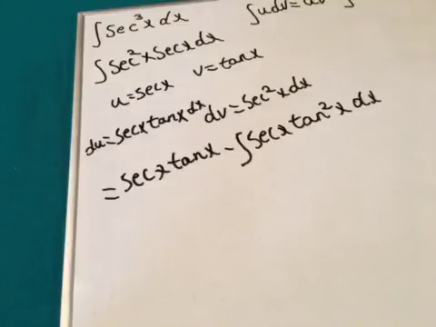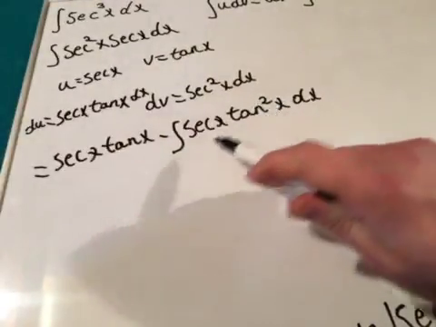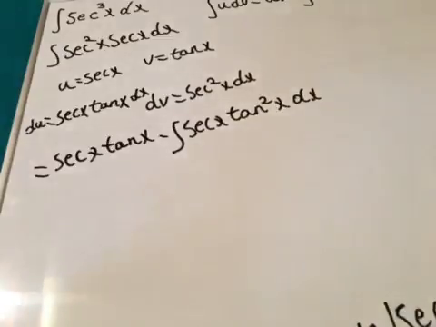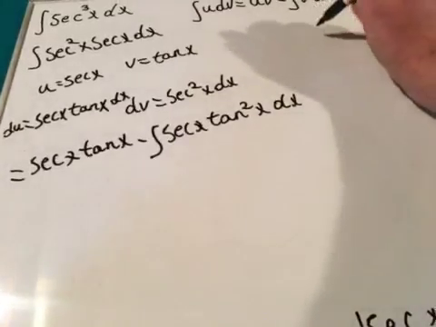Now, well, I see one other thing I can maybe do to possibly simplify this a little bit. I look inside here, and I see the integral of secant x tangent squared x. But how can tangent squared x be written? Well, I think back to my trig identities, and I only memorize one trig identity.